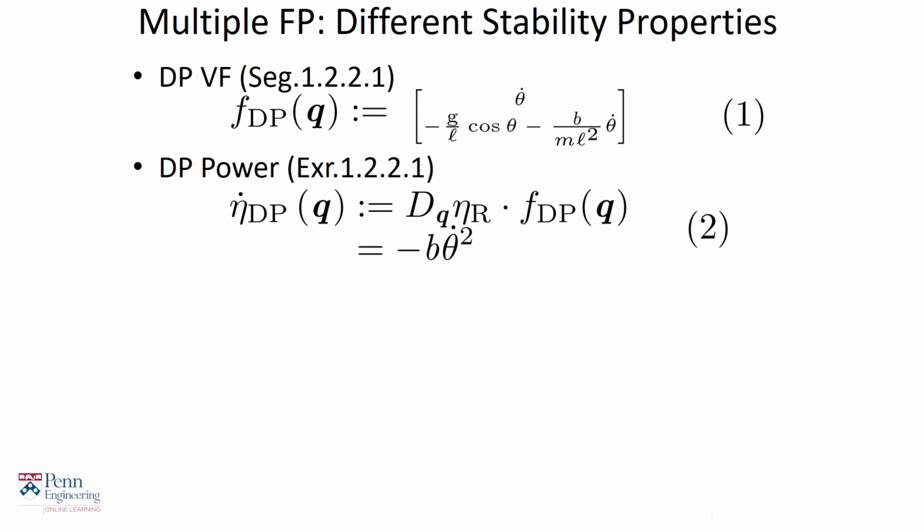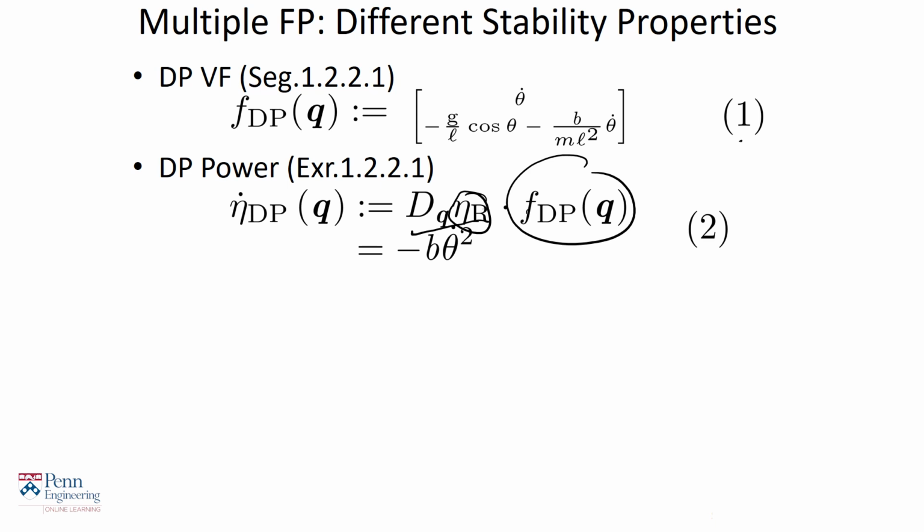And let's remember one of the exercises that you worked on associated with this unit, where we asked you to compute the power for the damped pendulum by taking the total energy formula for the pendulum, taking its gradient, and taking the inner product of that gradient with the vector field of the damped pendulum as expressed in equation 1. Remember why you take that inner product. It's because you take d by dt of the total energy and express that as a function of state in order to get the power formula.